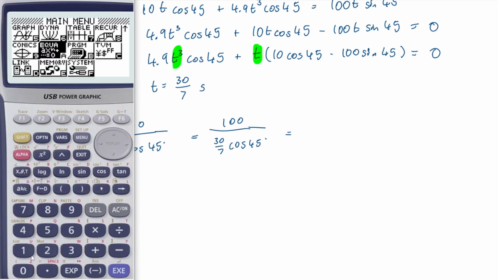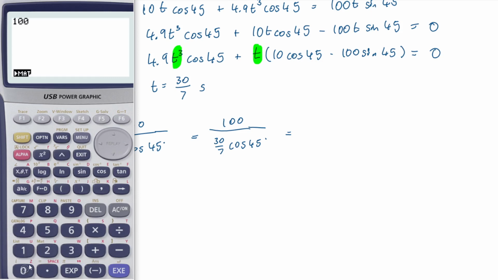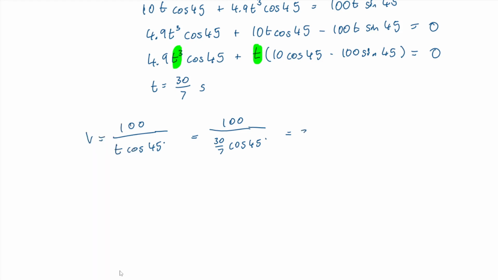So menu, run math, 100 divided by, 30/7 times cos 45, close bracket, that looks good, to give 33 meters per second.